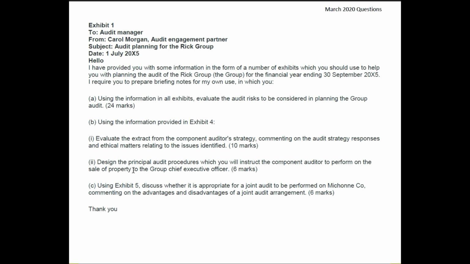There should be a separate disclosure for this. I hope you are aware of this. And since there is a sale of property to the group CEO, there need to be specific audit procedures performed on this transaction because it is a key transaction. It is a major transaction between the group CEO and the company.